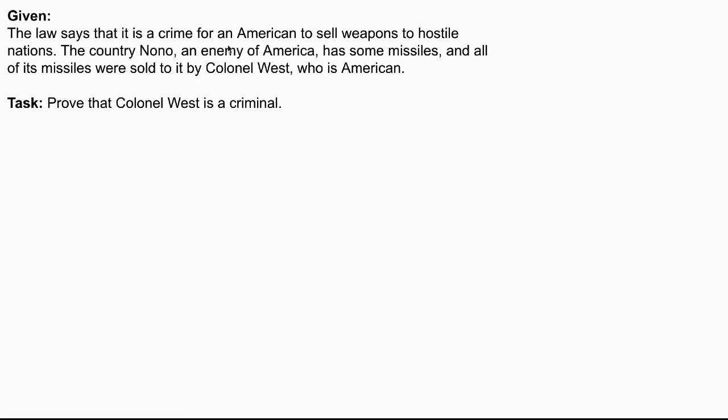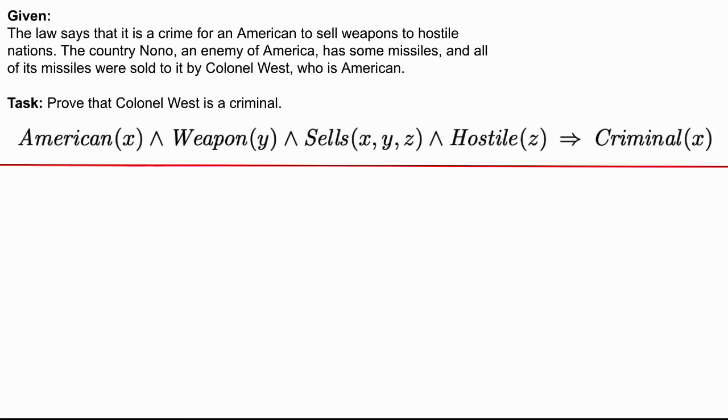Now this information has to be converted into the language of first order logic. So what essentially we have from our summary of the situation is that if X is an American, if Y is a weapon, if X has sold Y to Z, if Z is hostile, then if all of these four conditions are met, one can infer that X must be a criminal.